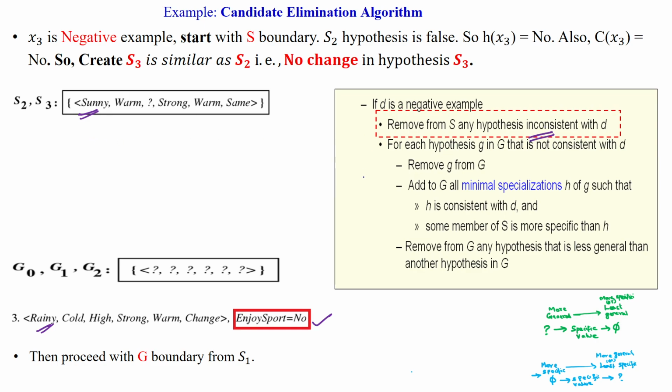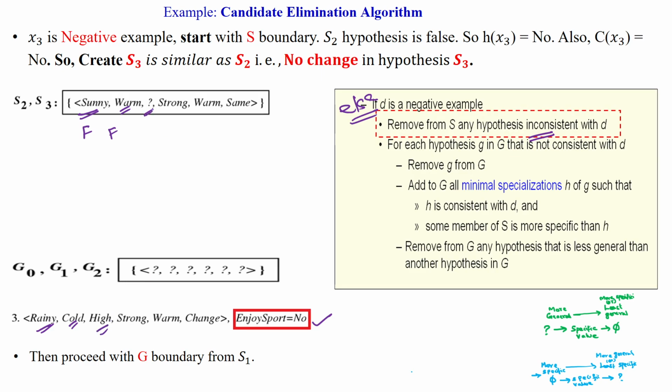If it is a negative example, we have to start the else block of the if statement. Here it is not matching, so it is false. Cold is also not matching, this is also false. If it is inconsistent, then we check the hypothesis of x3.